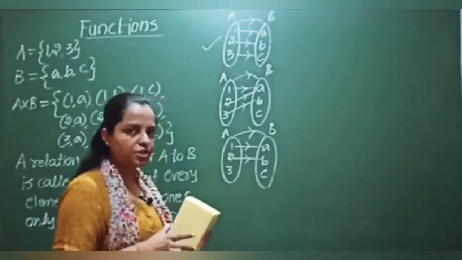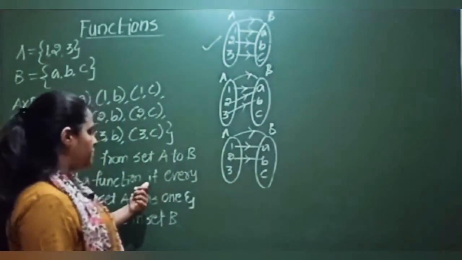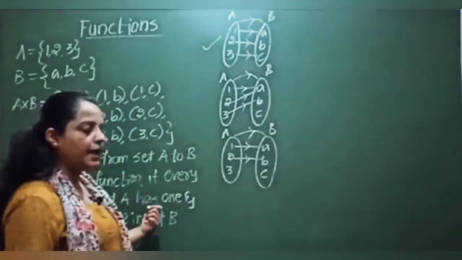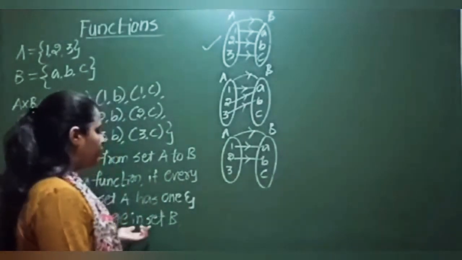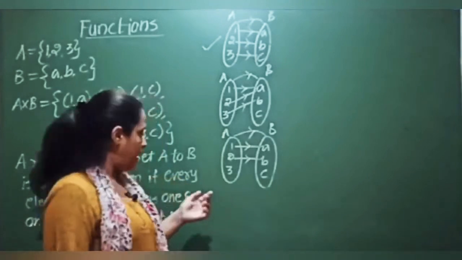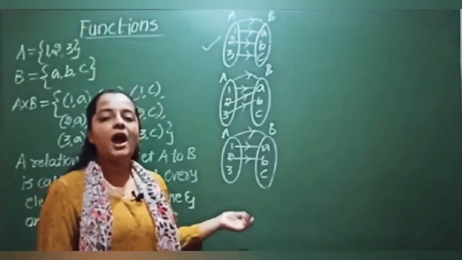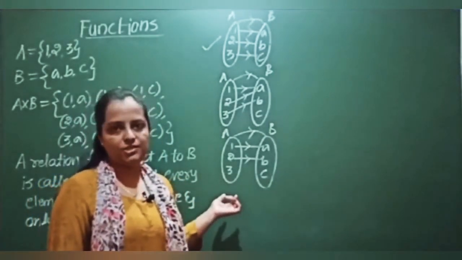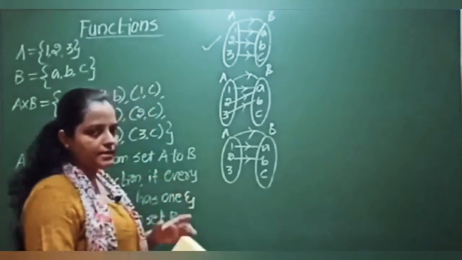What is the condition of a function here? The condition is that every element of set A has one and only one image in B. Every element of set A should have an image, and a single image in set B.